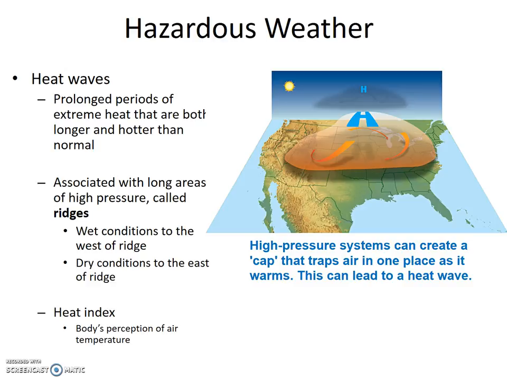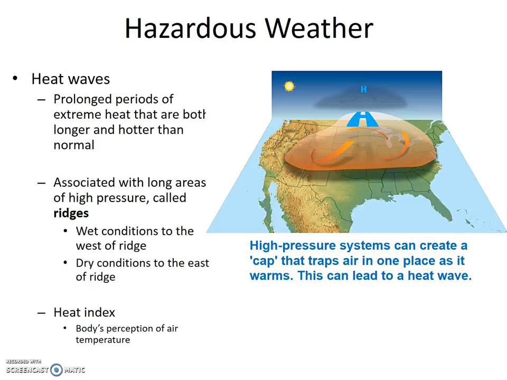Remember that the air warms as long-wave electromagnetic radiation emanates from the surface of the Earth. This static air is constantly being warmed, which can lead to a heat wave. Due to prevailing winds, wet conditions generally form on the west of the ridge, and dry conditions to the east of the ridge.